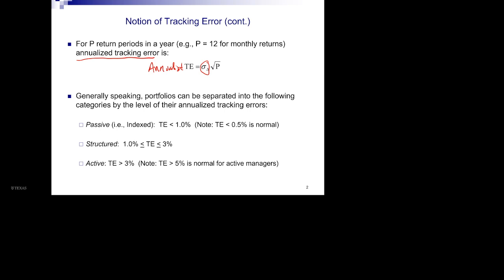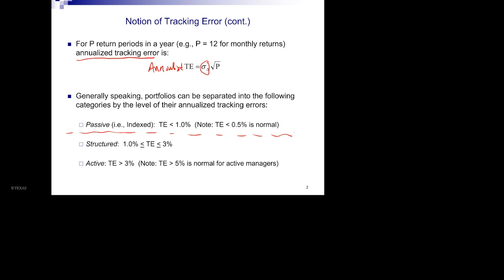Now, to give a little context before we look at an example, the way most people use tracking error is to look at the risk relative to an underlying benchmark. And so this is useful in terms of categorizing what type of portfolio manager you're dealing with. An index fund or a passively managed portfolio should have a very low tracking error.